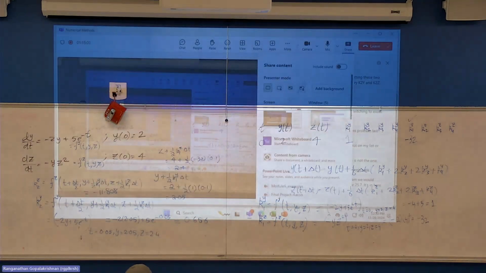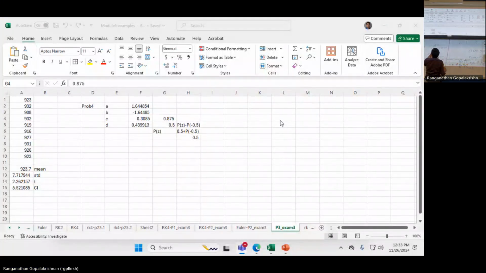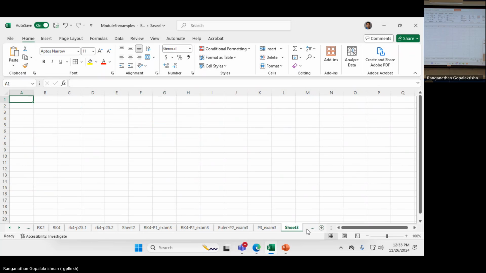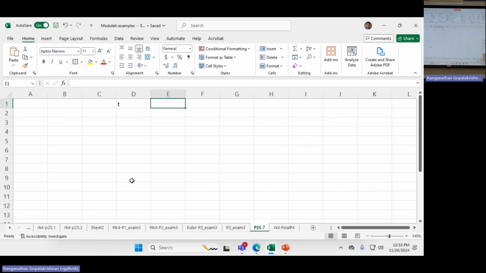So if you're doing it via Excel, please start a new sheet. Go through steps 1 through 5, but now you have to do it for two variables, not just one variable. So this is problem 25.7. I have time, y of t, z of t.